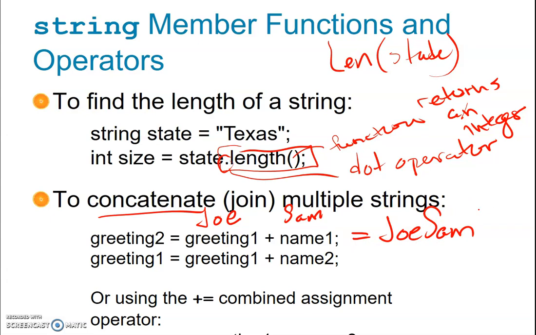There's no space. So I can append words together. If I had greeting one plus a space and name one, that would put a space in between Joe and Sam. So we could do that.